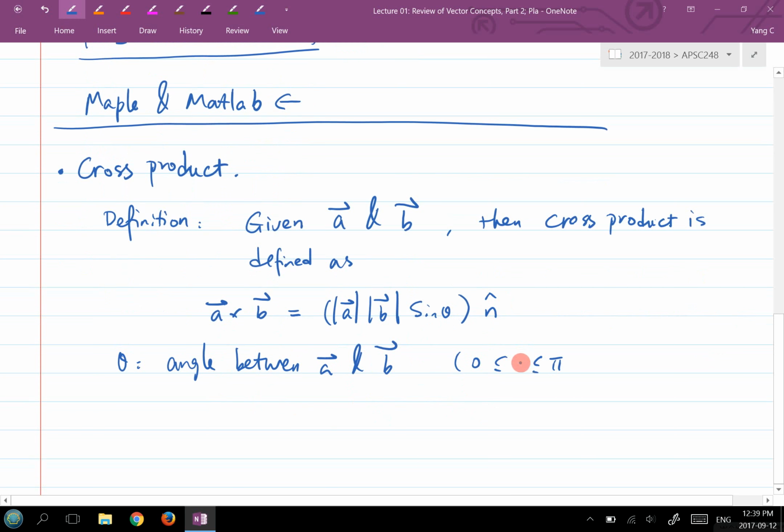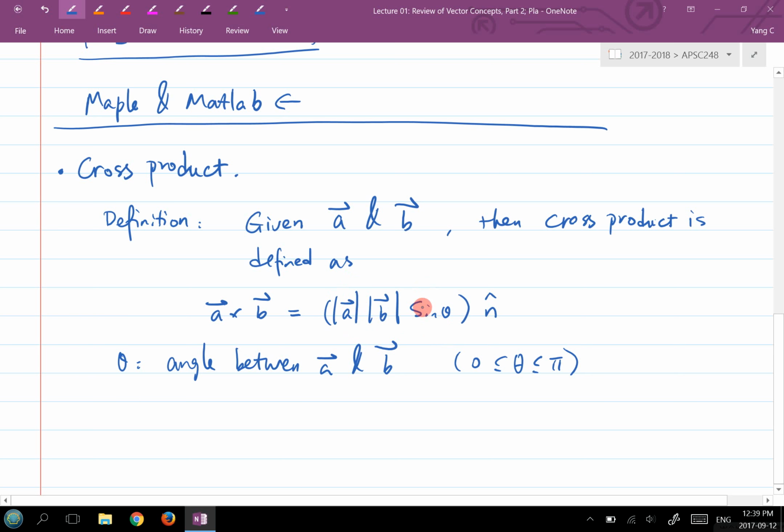So that would be theta. For any angle between 0 and pi, sine theta is always a positive number. And the absolute values of A and B, which are the lengths of vectors A and B, are also positive numbers. So the quantity inside this bracket is a positive scalar number.